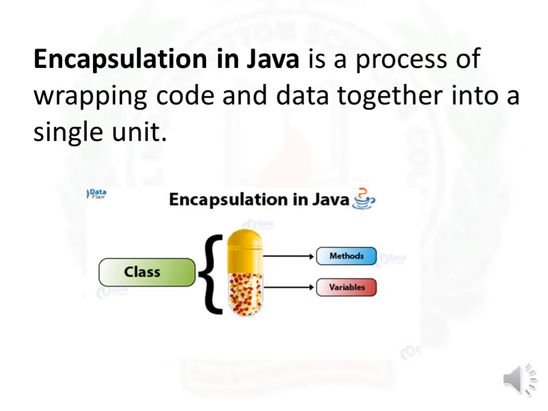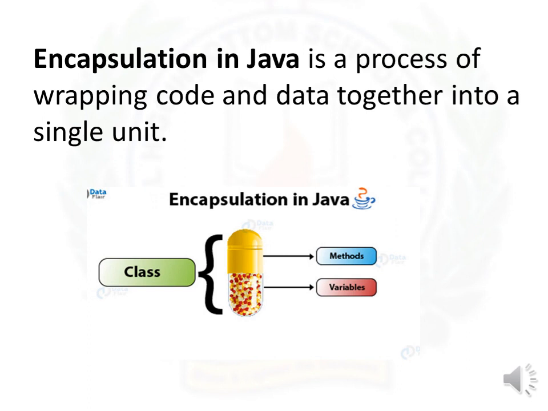Next basic element of object-oriented programming is encapsulation. Encapsulation in Java is a process of wrapping code and data together into a single unit. See, for example, this is a capsule.